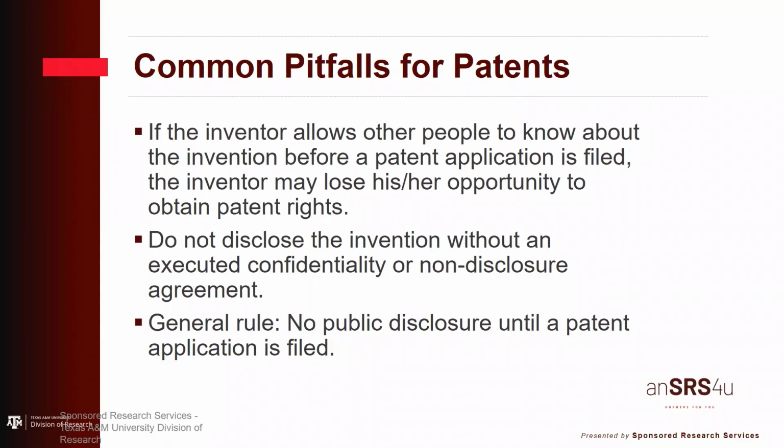So the best idea is not to disclose it right away. And if you do need to talk to a company, it's better to get a confidentiality agreement, also referred to as a non-disclosure agreement, between you and that company before you disclose it to them.